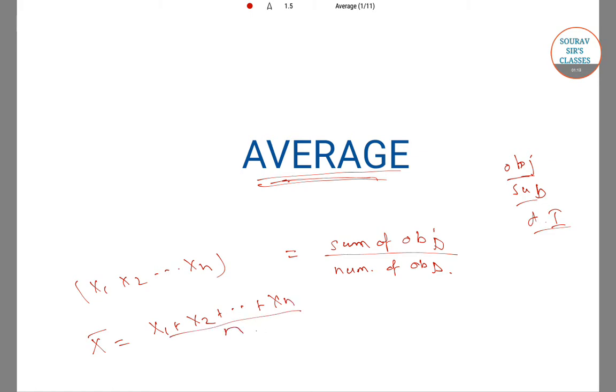Now, there are certain properties of average. The first property is that an average of a given data is always less than the greatest observation and greater than the smallest observation.